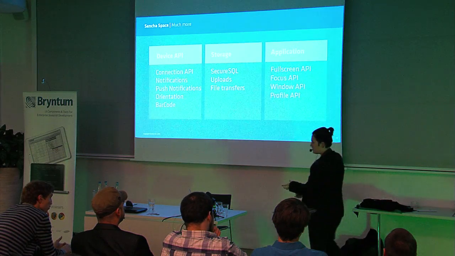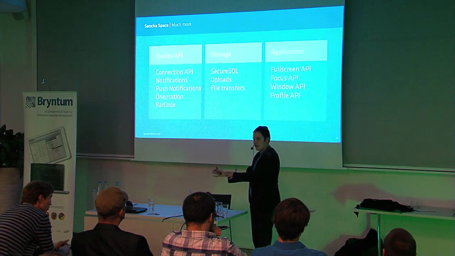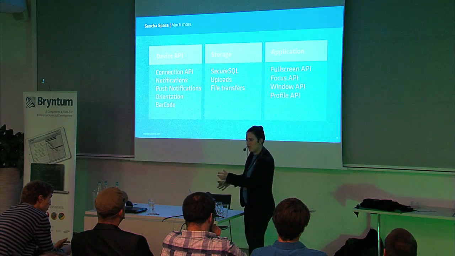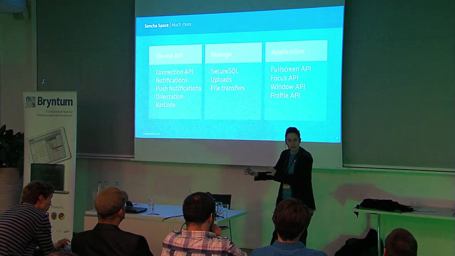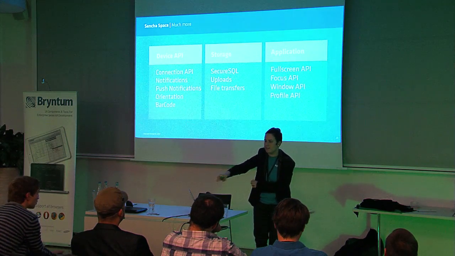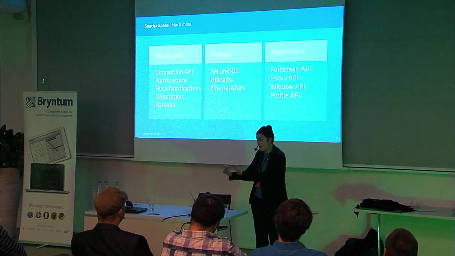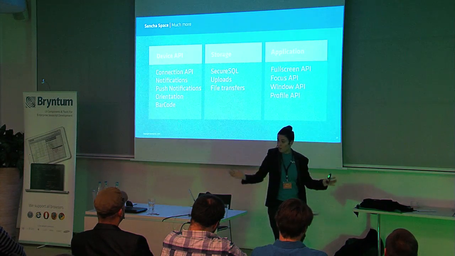I can create an application with one window on this screen and another window on the other screen. So this is the screen for the woman that works for the bank, and she sees a different interface than the guy sitting on the other side. I can control his interface from my computer because it's all running in Sencha Space.